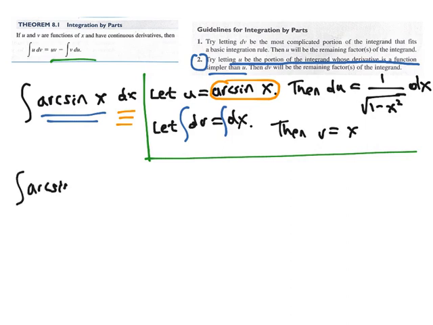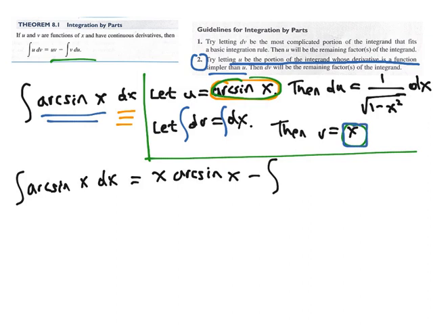So we have the integral of arcsine of x dx is equal to uv. So u is arcsine of x, and v is x. So uv would be x times arcsine of x, minus the indefinite integral of v du.